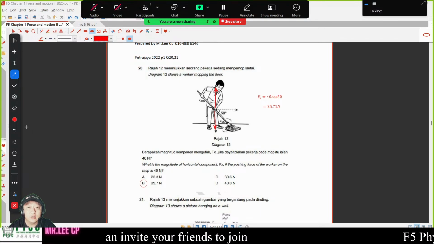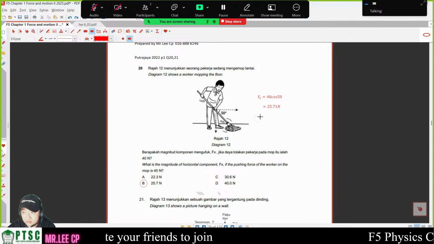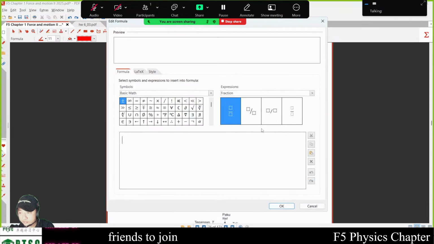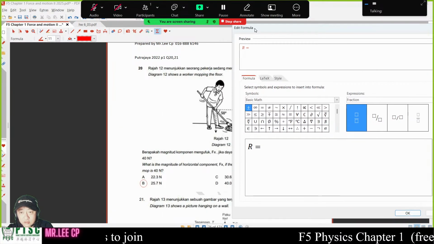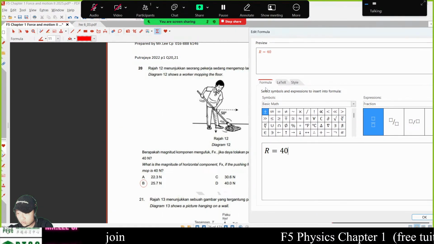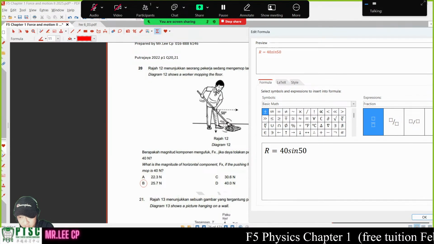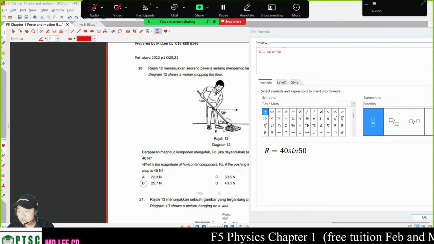So how much is the R? I want to find how much is the R. R is 40 sin 50. Not touching 50, you bring it down, pressing down, right? So 40 sin 50.